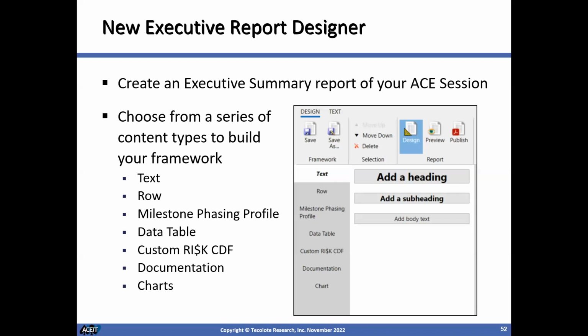So what we've done is provide an area where an analyst can first design the report. They can pick from putting in blocks for text with headers and subheaders and so on. They can also add information about a row in the ACE file.